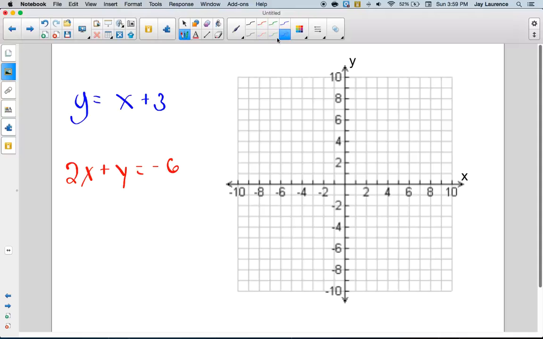So graphing the first equation, I have a y-intercept of 3 because I'm in slope-intercept form, right? And then I have a slope of 1, or 1 over 1. So I'm going to get a line like this.